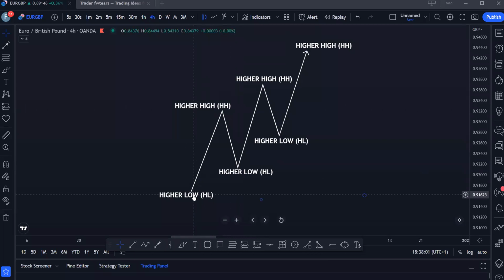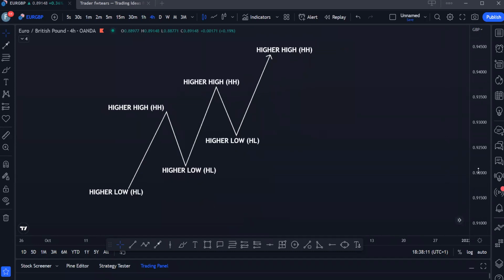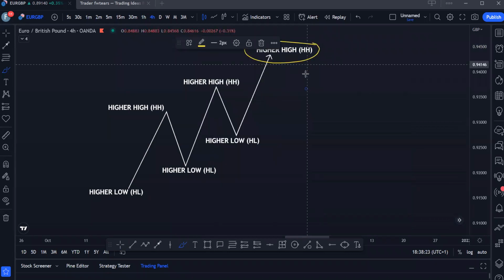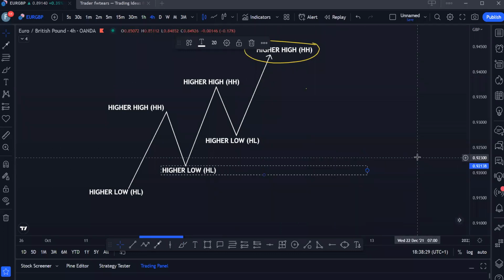So price moves from higher lows to higher highs to higher lows and then to higher highs. How do you know that price is in an uptrend and is continuing in that uptrend? You will know through the higher highs. As long as new higher highs are being created, that means price is still in an uptrend.